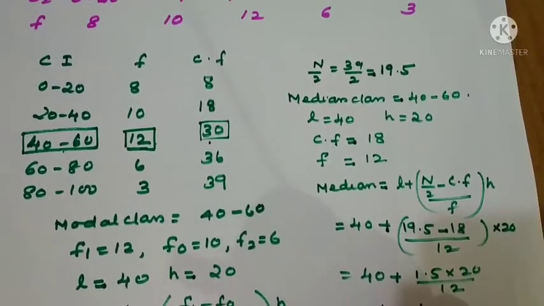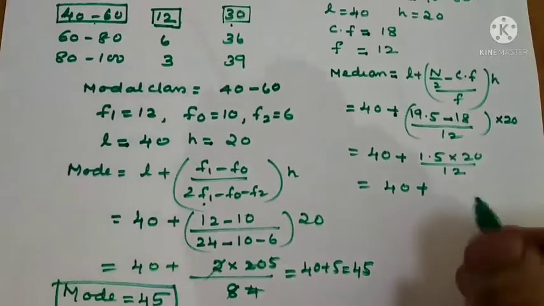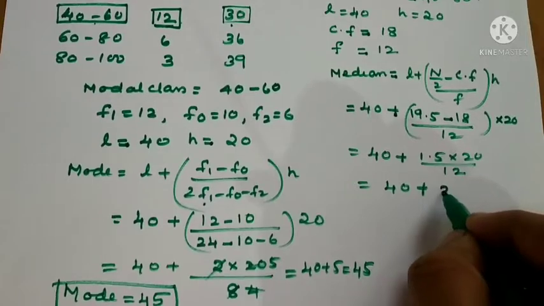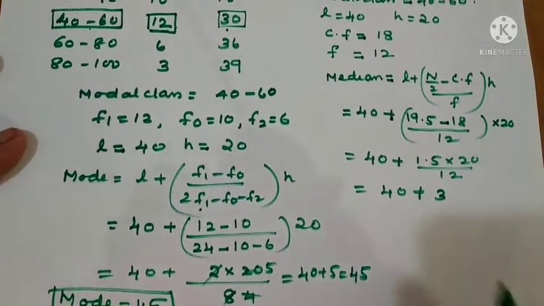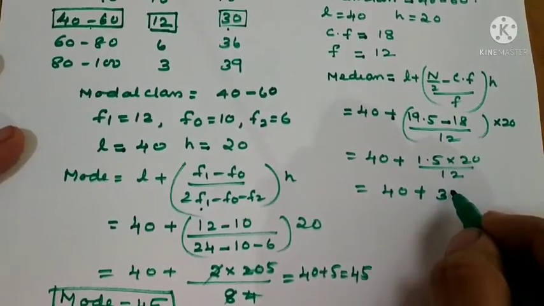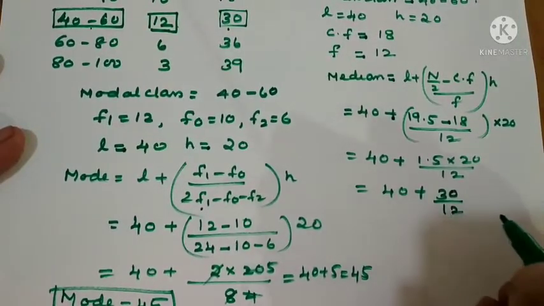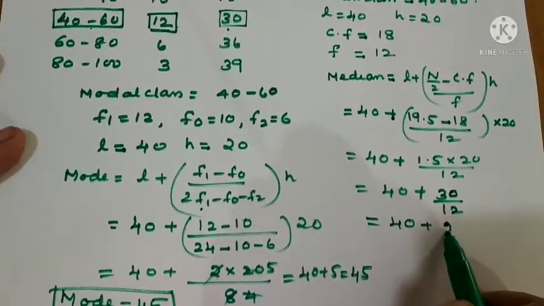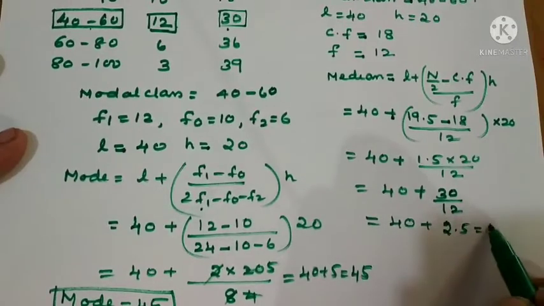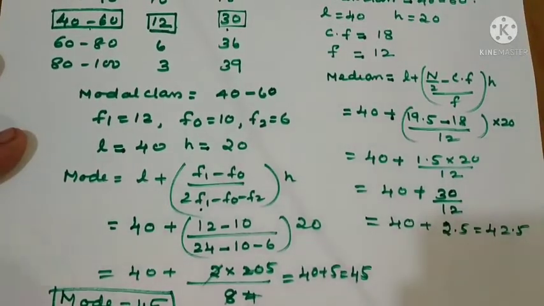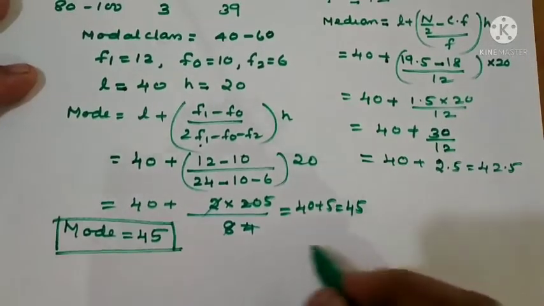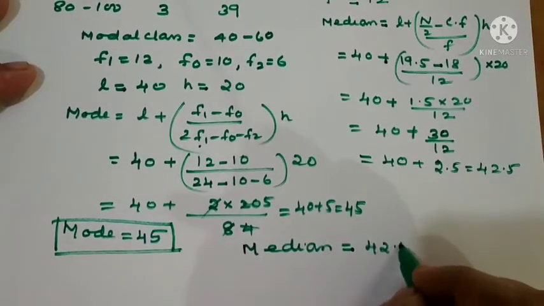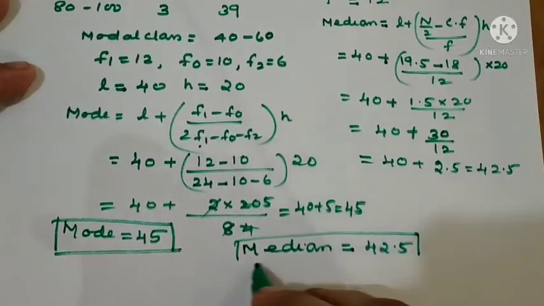So 40 plus 1.5 into 20, that is 30 divided by 12, that is 40 plus 2.5, 42.5. So mode equal to 45 we got, then median equal to 42.5. It is not necessary that all the values are same.